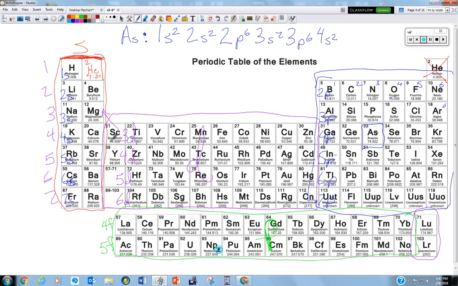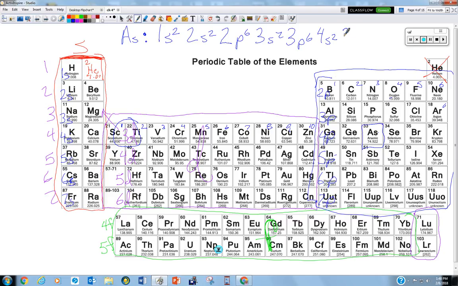and then now look what happens here. It's not 4d, it's 3d. So it's 3d, 1, 2, 3, 4, 5, 6, 7, 8, 9, 10. So arsenic is way over here, so we have to go through all of these elements.